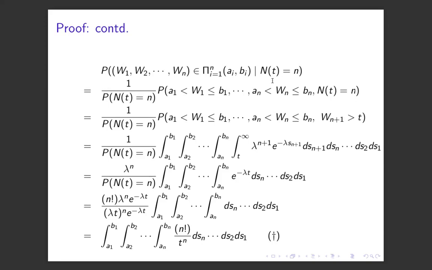By the definition of conditional probability, this is going to be the probability of this event and this event, divided by the probability Nt equal to n. What is going to be the denominator we have written here, and what is going to be in the numerator is this: W1 would be between a1 and b1, etc., Wn would be between an and bn, and we also know that Nt equal to n.